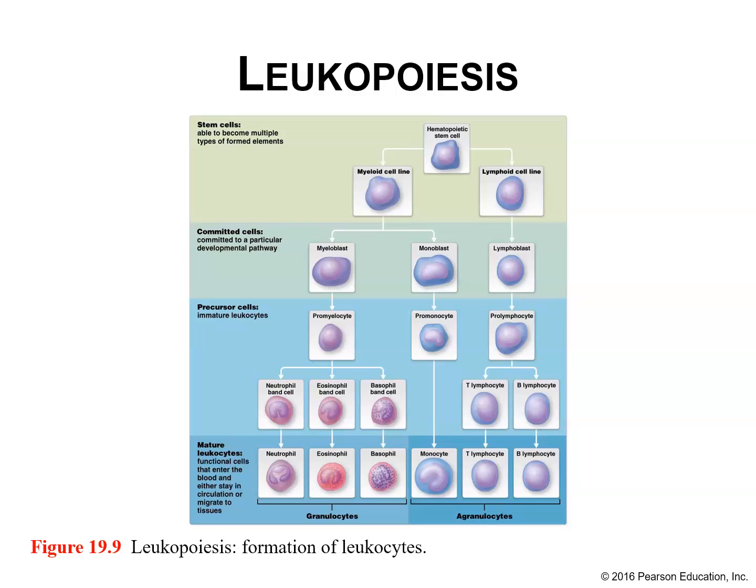And then you have your lymphoid cell line. Remember, that's the other cell line that comes from your HSC, your hematopoietic stem cell. The lymphoid cell line becomes a lymphoblast. Now it's committed. The lymphoblast then becomes a prolymphocyte, which can become either a T cell or a B cell. T cells will migrate to the thymus gland and become mature T lymphocytes.